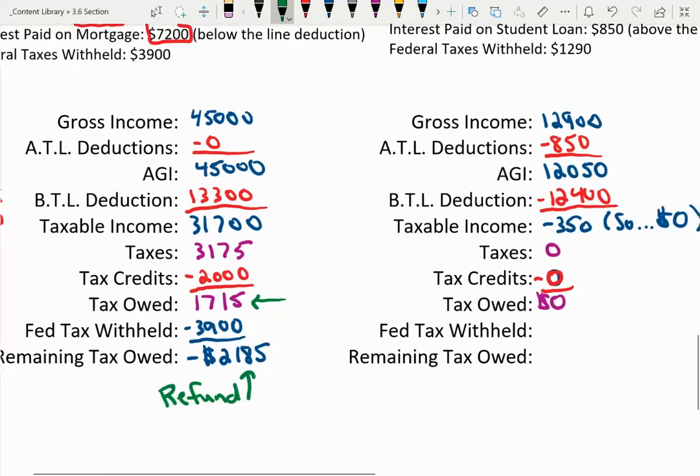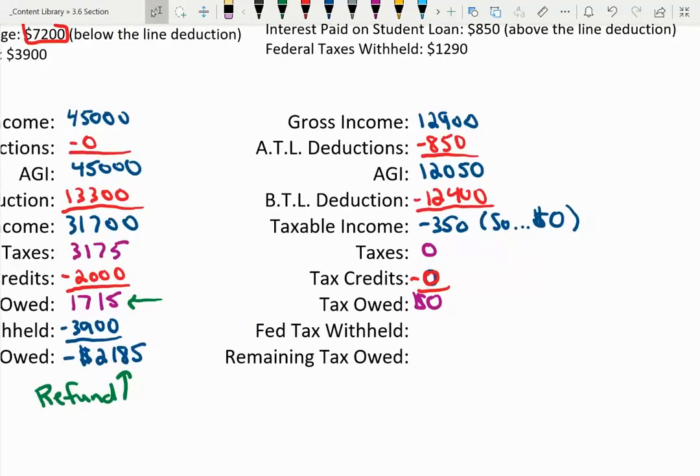For Ray's friend, the employer also took out money. His friend made much less than Ray. He was making 12,900 compared to Ray's 45,000. So his employer only took out 1,290, but that's good because when you subtract that from zero, you're left with a negative 1,290.